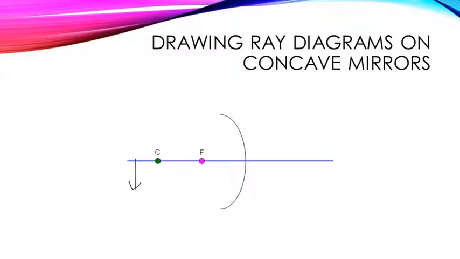All right, so here's my example. We're going to draw 2 principal rays to help us figure out where this object will be when it is reflected. So the first is parallel to the principal axis, and it reflects from that point off through the focal point.